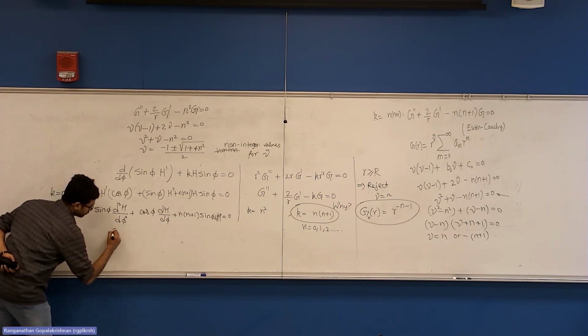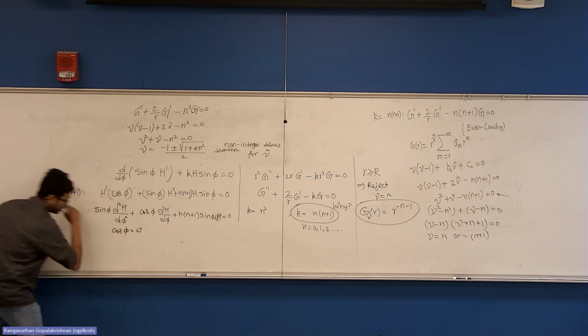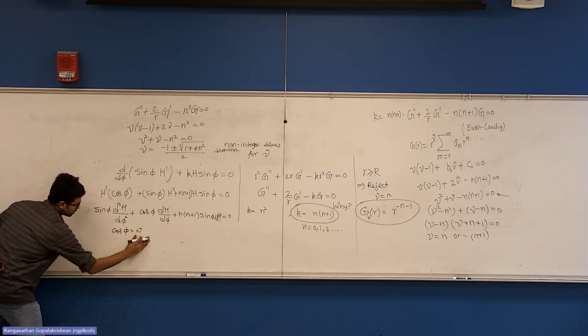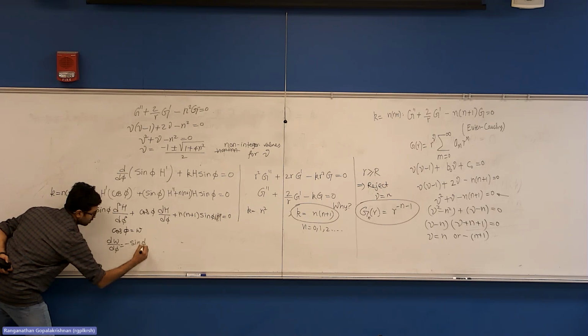We'll do a simple transformation. Cos phi equal to w, which implies dw by d phi is minus sin phi.